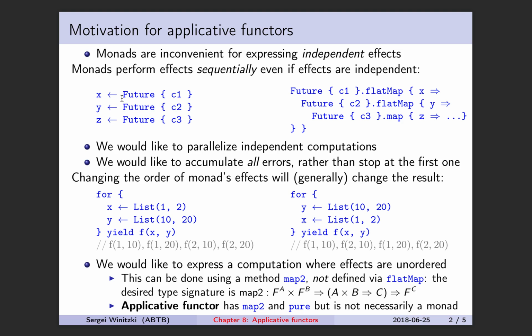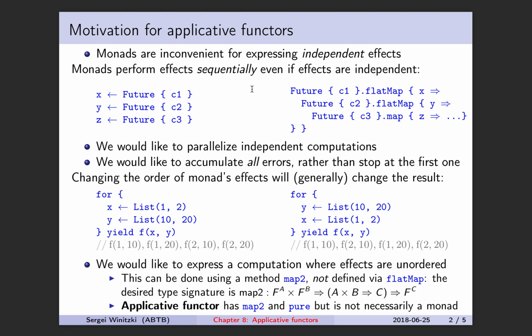But the monadic block, or the for-yield block, or the functor block, whatever you want to call it, I call it a functor block. The functor block is such that every generator line blocks everything else until it's done. So the futures will be created one at a time, and so obviously this is not optimal.